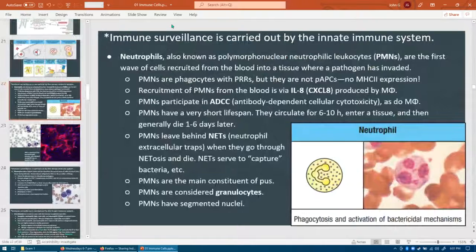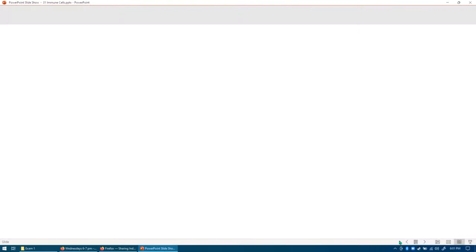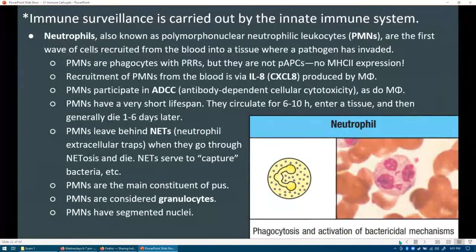Okay, last time I left off talking about neutrophils. I told you that neutrophils are blood cells. They have to be recruited into the tissue by macrophages, and macrophages make a cytokine called IL-8, or interleukin 8, to recruit neutrophils into the inflamed tissue.